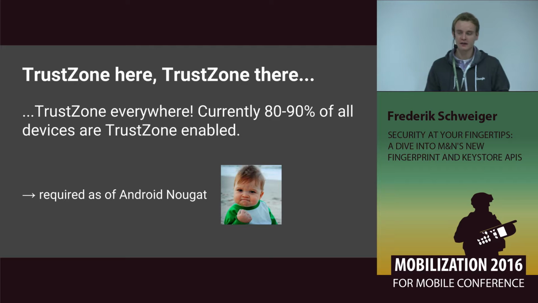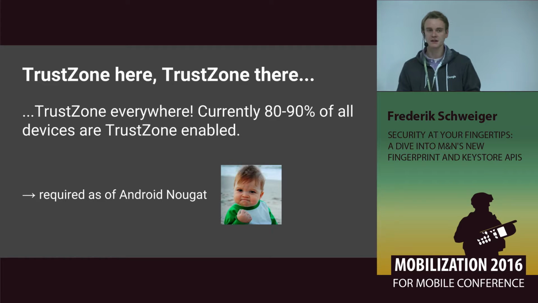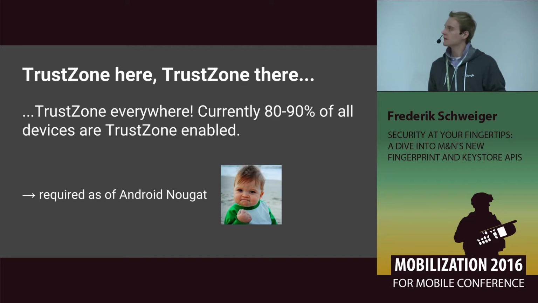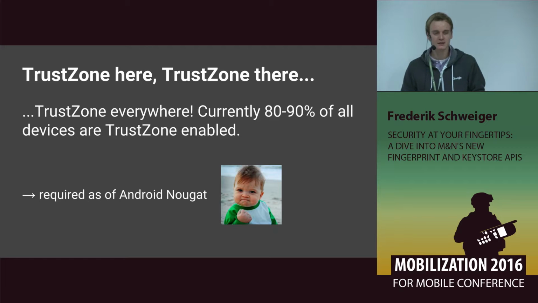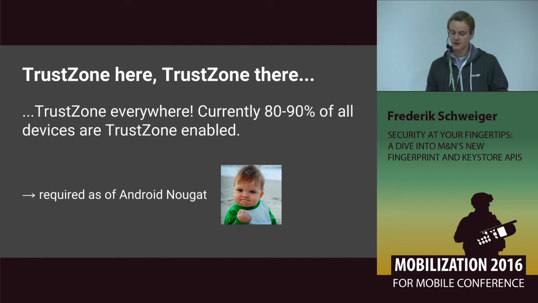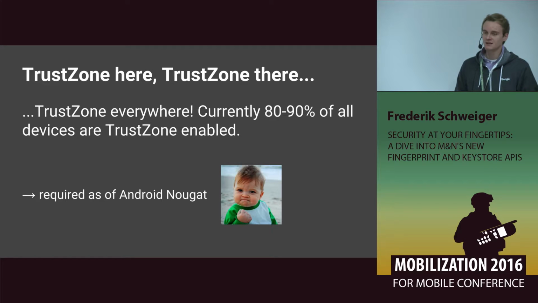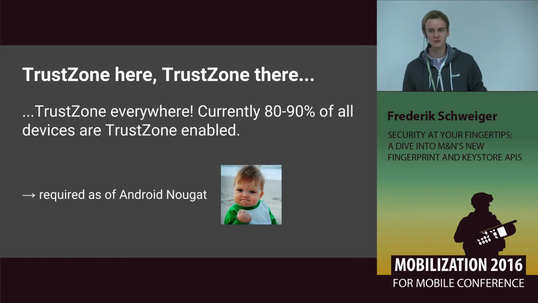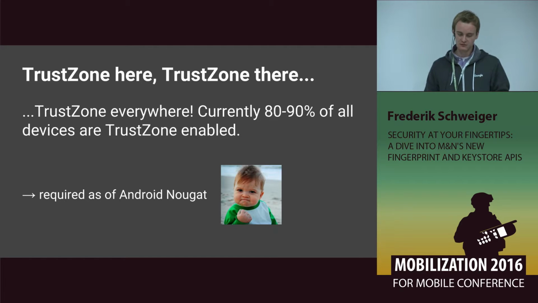So it's available on most phones, and now it can be used to power this encryption stuff. And keys which are held inside the TrustZone cannot be exposed to the kernel, and that's a huge security plus. And what's pretty awesome is that Android Nougat requires that. So every Android Nougat phone which is certified by Google will have a trusted or secure environment built in. And this is pretty awesome.